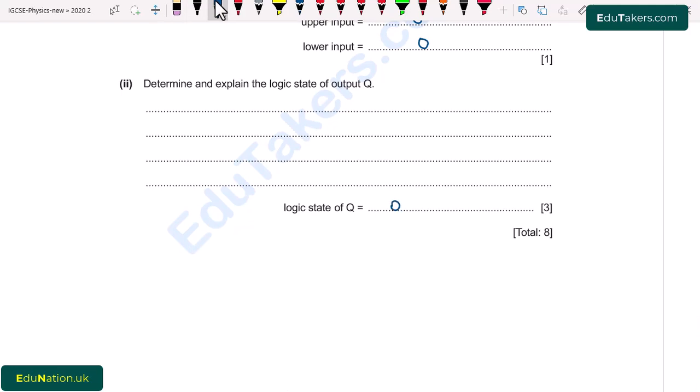So we also have to explain what we have to do. The two inputs to NAND gate are ones as output is 0.